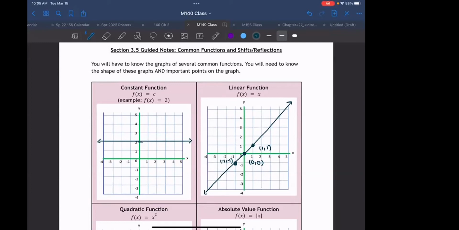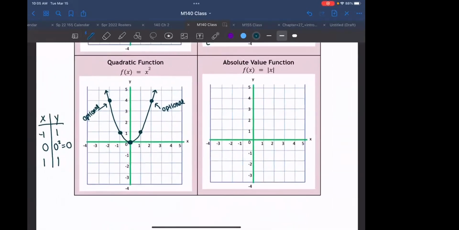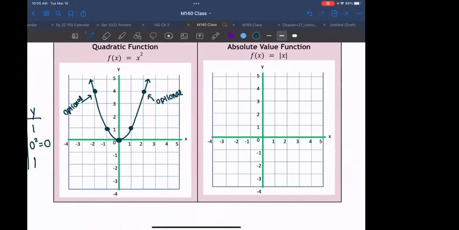You should know what -1, 0, and +1 spit out, and draw it really clearly. We stopped with the quadratic function. I also gave 2 optional points you can draw to make the graph look nice, but I only required you to know the 3 at the bottom.